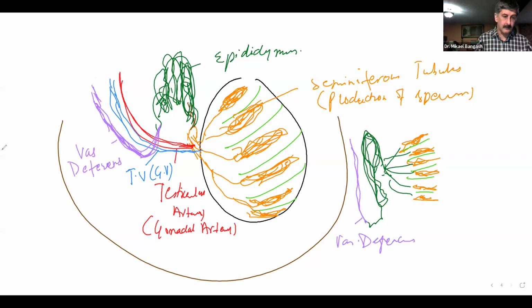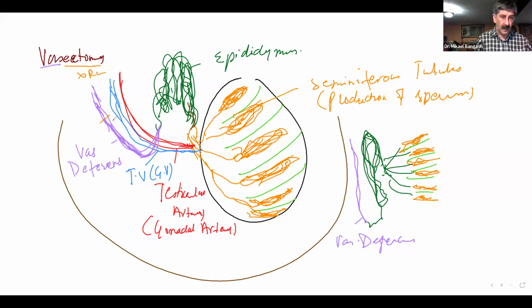Now, what I've been saying is, back in the days, for instance, what we call a vasectomy. In a vasectomy, we don't really remove them either.